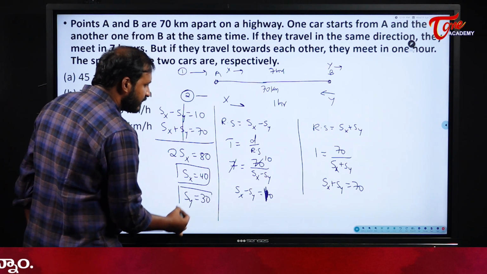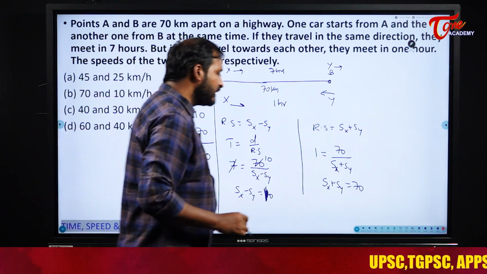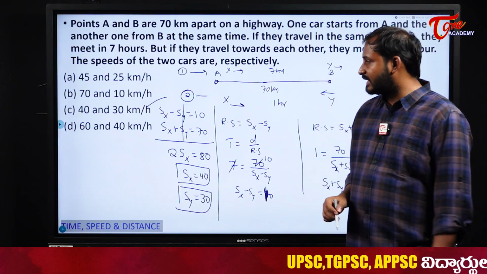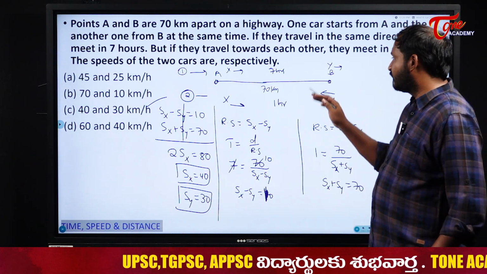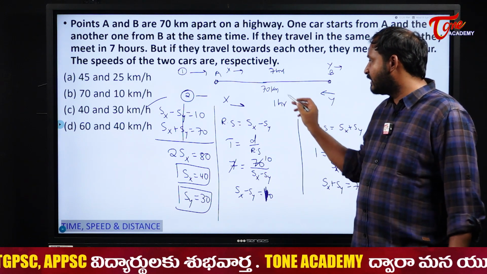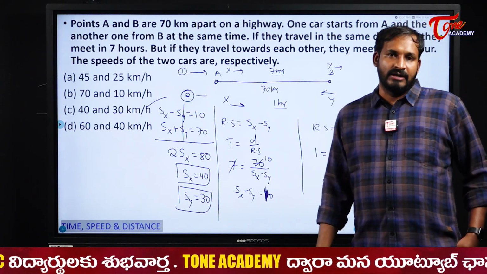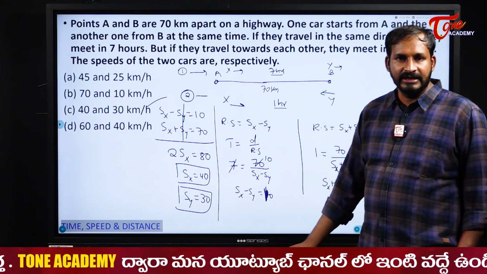You can substitute in either equation to check. So 40 and 30 are their speeds respectively. If they move in the same direction, they meet after 7 hours; if they move in opposite directions, they meet after 1 hour. Simply, we found the relative speed and then calculated the remaining things.